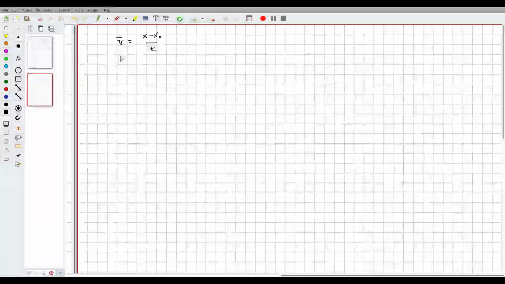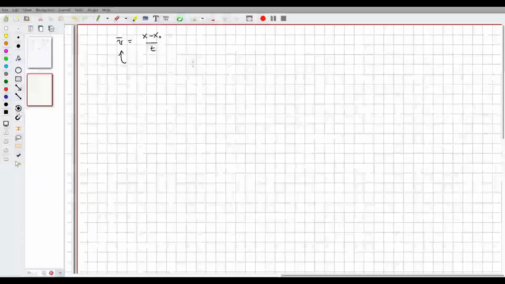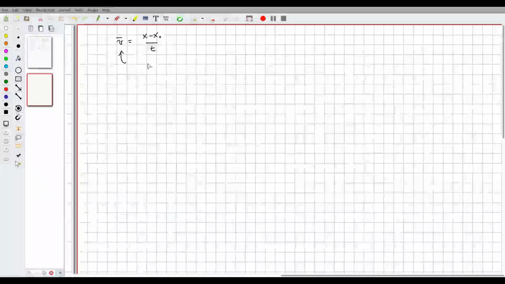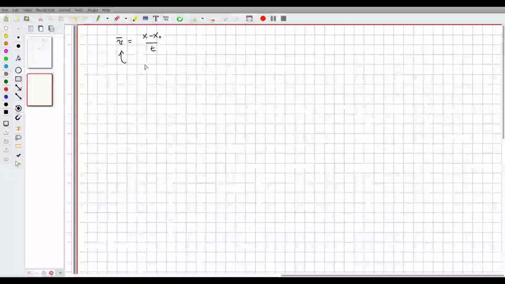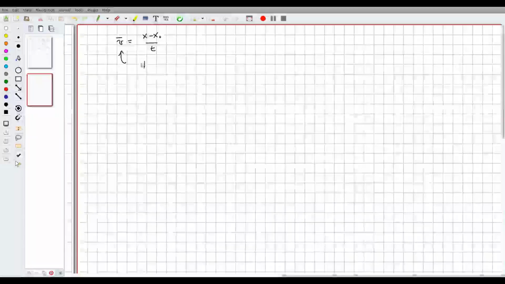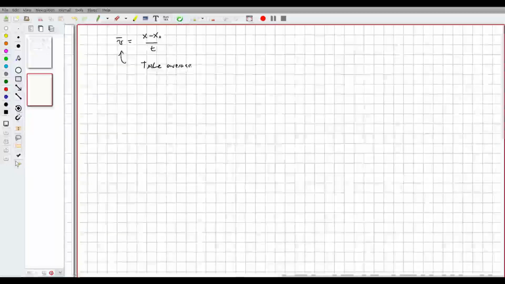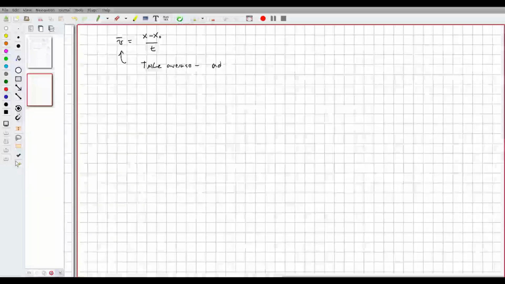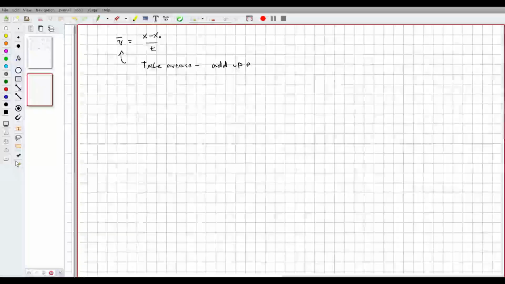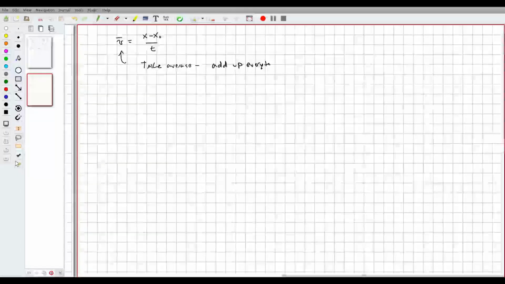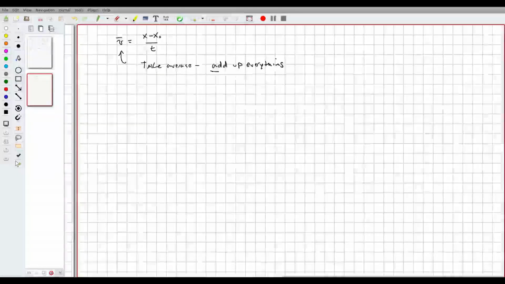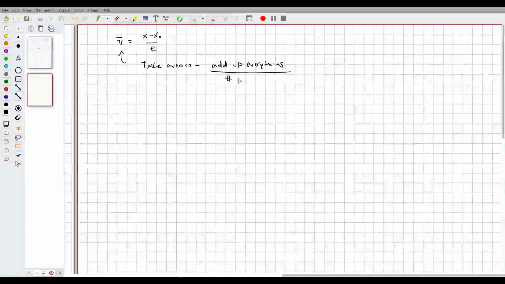Now, I'd like to stress that this is the average velocity. And average means exactly that. When you take an average, what you do is you add up everything and then you divide it by the number of things that you have.